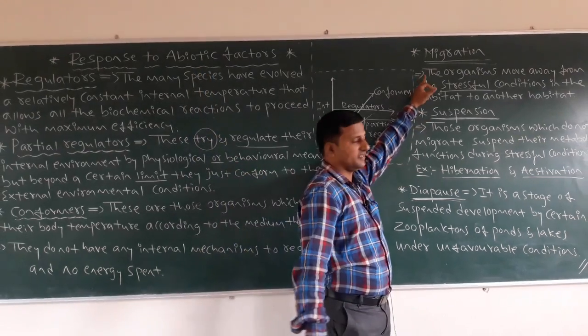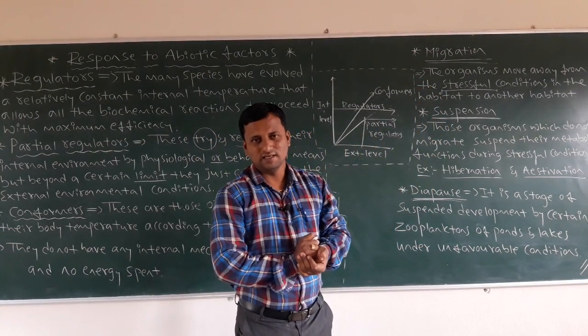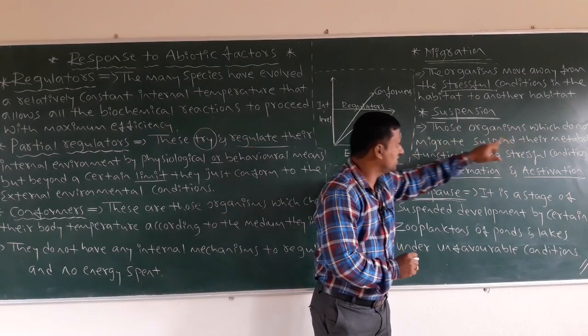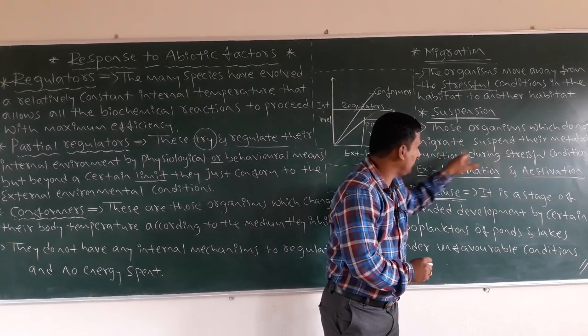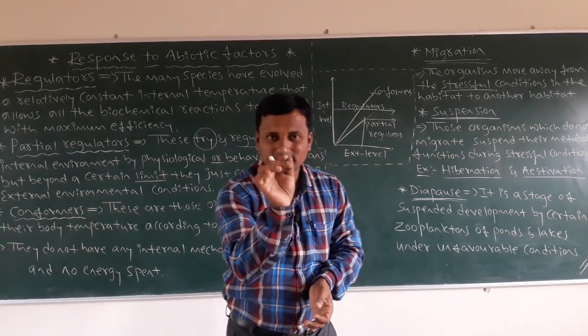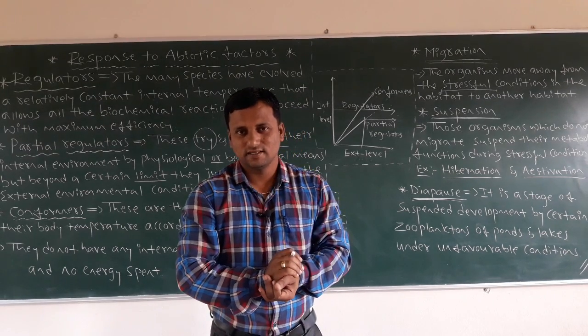Then come to the second one, suspension. What is suspension? Those organisms which do not migrate suspend their metabolic functions during stressful conditions. This is exactly the opposite of migratory organisms.